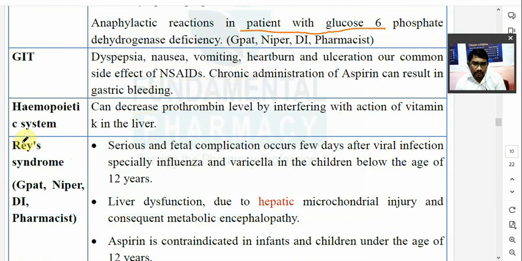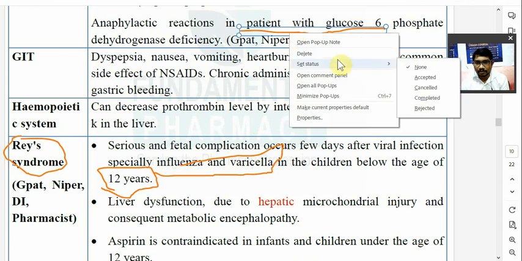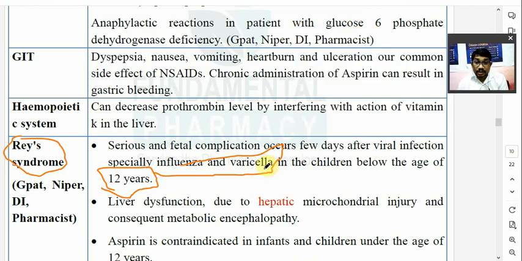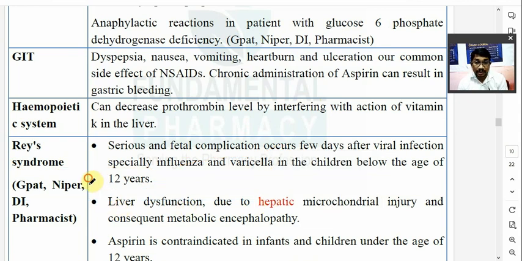So when you get an infection, for children below 12 years of age suffering from influenza and varicella zoster, that is chickenpox, and if you give aspirin to that patient to decrease the body temperature, what will happen?